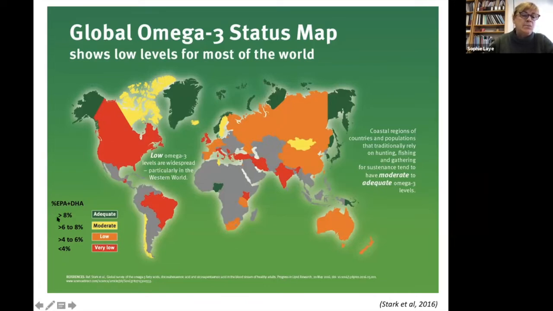Here is a map showing the level of two of the main omega-3 found in the body, EPA and DHA. According to the level of EPA and DHA in red blood cells, the amount is considered either adequate, in green, or very low and non-adequate, in red. And you see that many countries do not reach the right level.